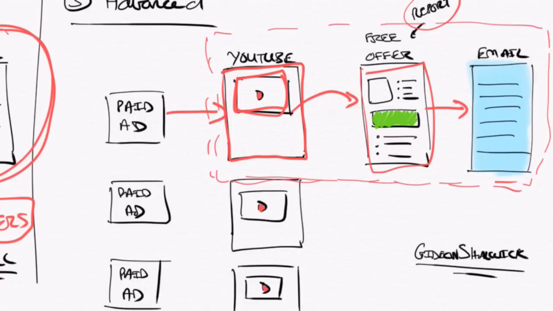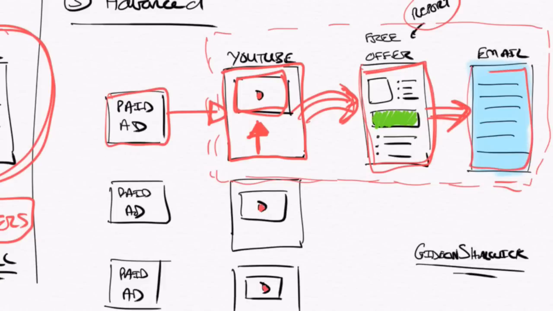So you can drive very targeted traffic using a paid advertisement on YouTube or Facebook or whatever platform you're using, and increase your views and exposure on this video content you have, and then therefore increase your exposure and traffic to your landing page as well, and therefore increase the number of people who sign up for your email database as well. So a lot of things happen here. Not only do you build your email database, but you also build your exposure and subscriber base on a place like YouTube or Facebook or wherever you're building this stuff.